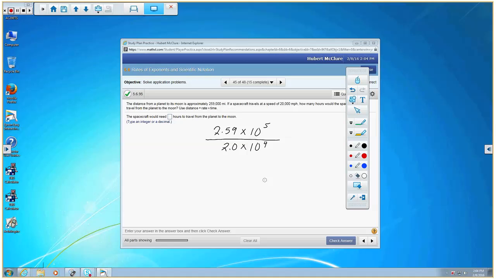All right, what's 2.59 divided by 2? Well, half of 2.50 is what? 1.25, Hubert. That's right. And half of 9 cents, 0.045... Somebody check.